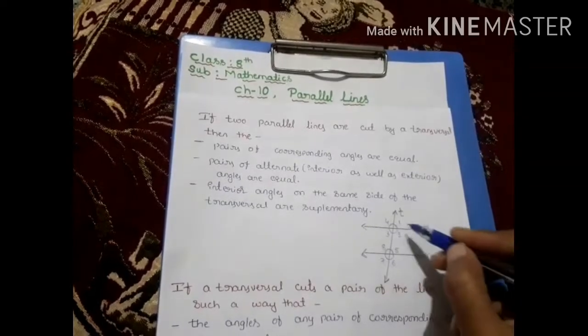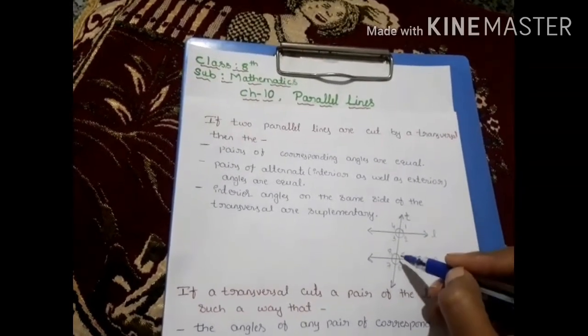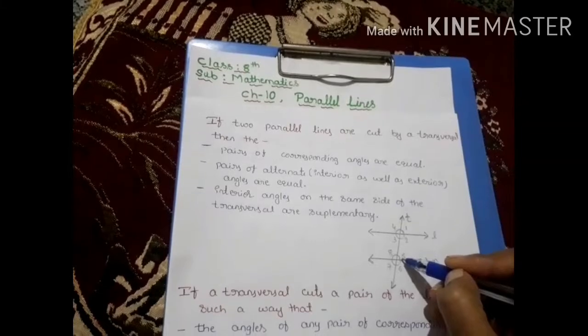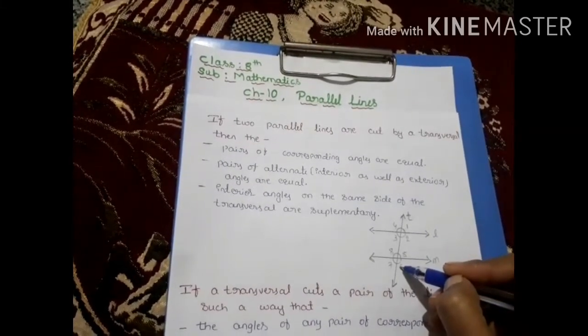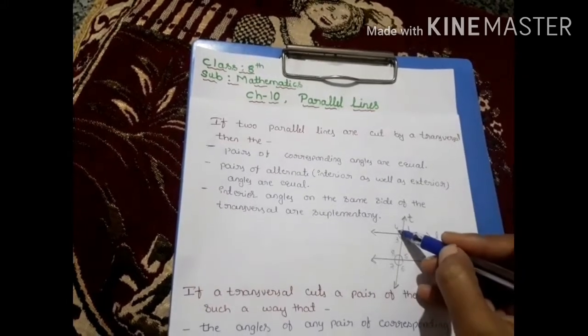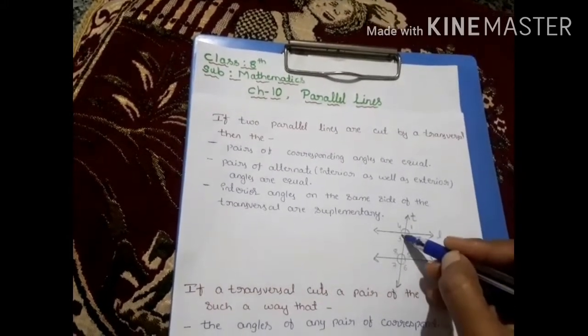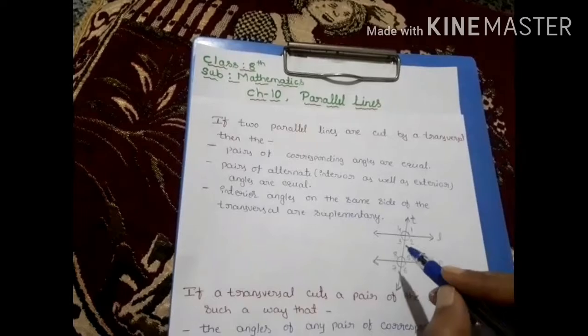In this figure, angle 1 and angle 5 are corresponding angles. Similarly, angle 2 and angle 6, angle 4 and angle 8, and angle 3 and angle 7 are corresponding angles.